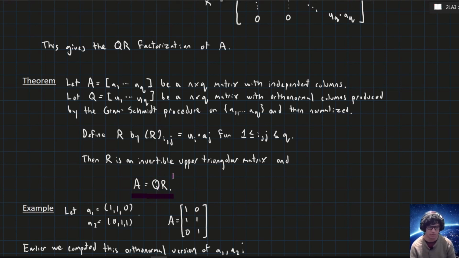So this is another way we can factorize a matrix. Notice it only applies for special A's, right? It needs to have independent columns.